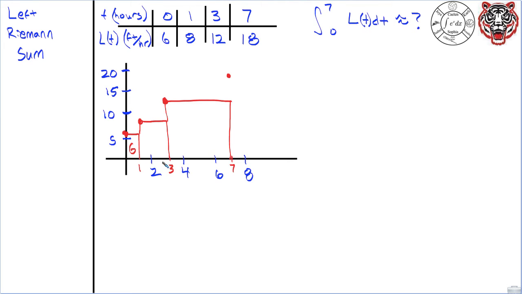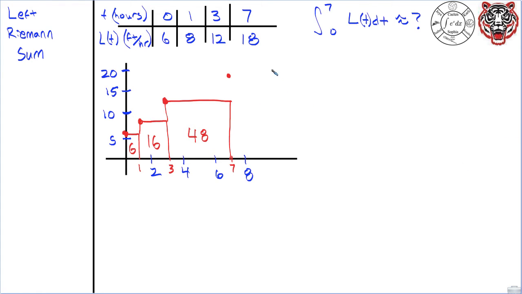It goes from 1 to 3, so the base is 2. 2 times 8, yep. 16, perfect. It goes from 3 to 7, so the base is 4. 4 times, yeah. So it's not 4 times 18, sorry. This height here is not 18. 18 is up here. So it's 4 times 12. 48. Perfect.